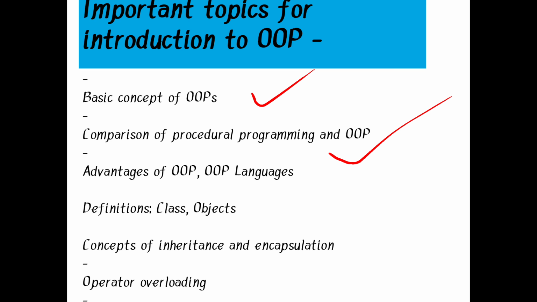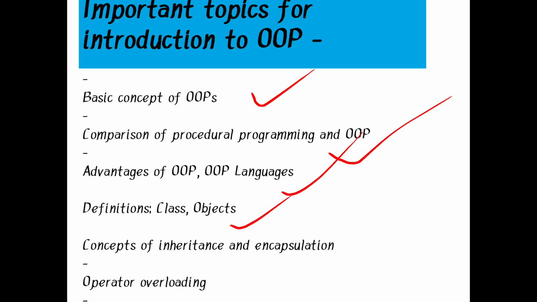So we have to read the comparison between procedural and object oriented programming. The next we have to study are the advantages of object oriented programming and its languages. The next one is class and object, the definition of class and object.